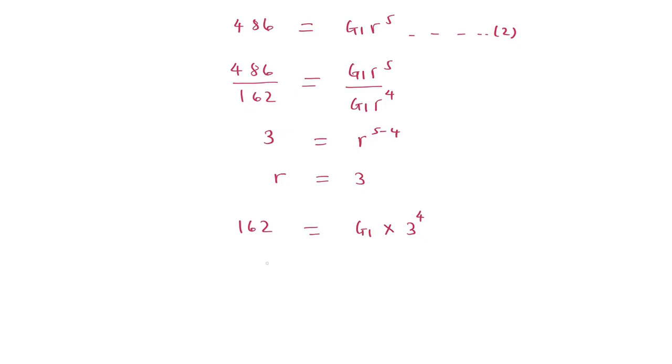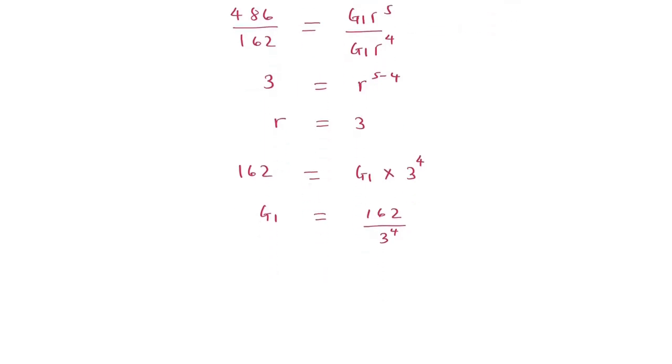Our equation is going to be G1 equals 162 over 3 power 4, of which after solving the values, we are going to have G1 equals 2. Therefore, our common ratio equals 3 and our first term is 2.